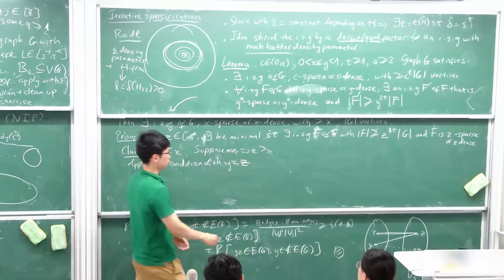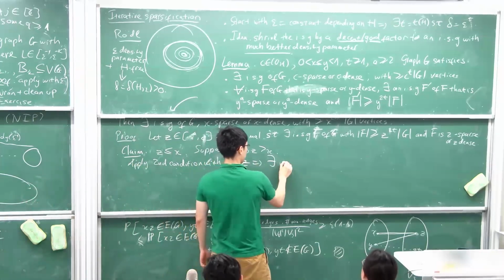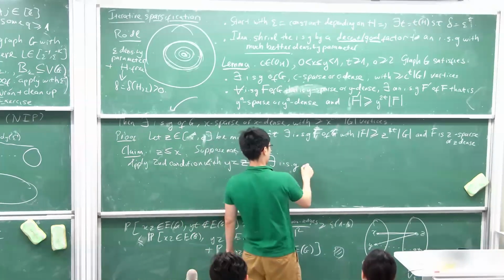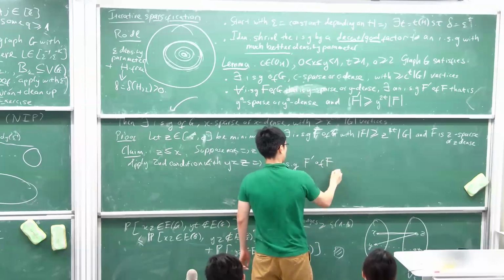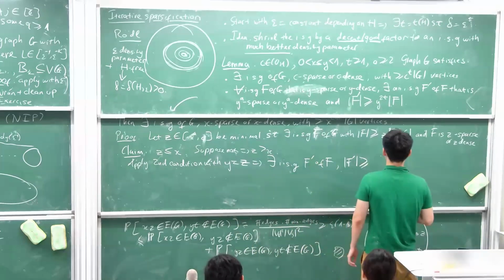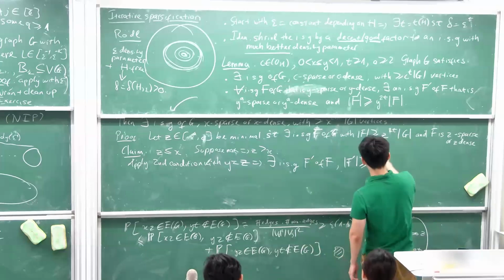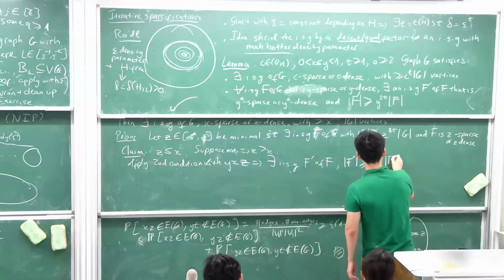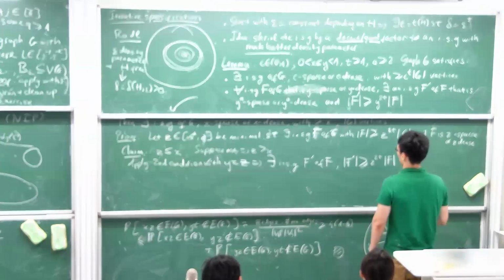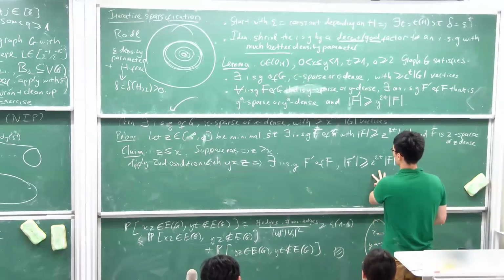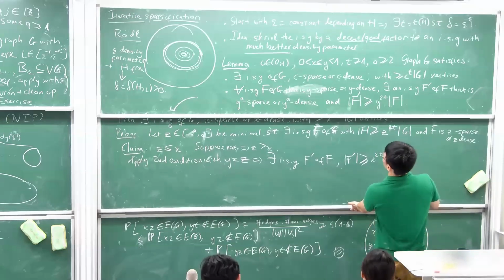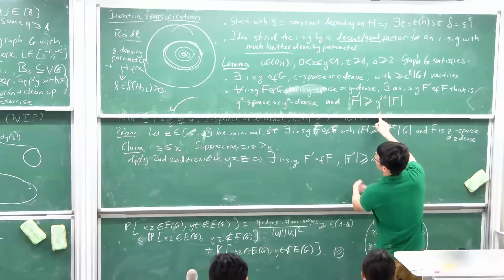Right. So that's going to be the induced graph F prime, with the property that F prime is at least Y to the 8 times F, oh no, sorry.